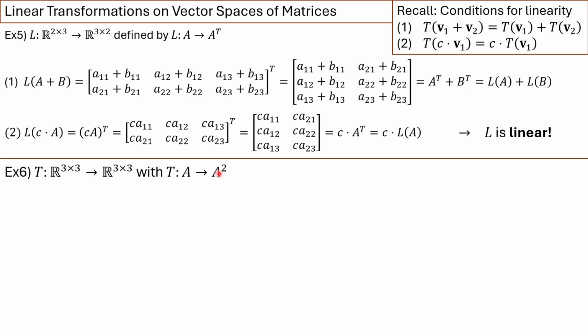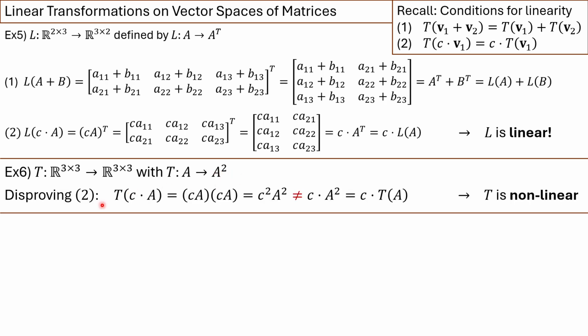Second, what happens if we square a matrix? Well, this one actually fails immediately. If you scale a matrix by c and then square it, you get c squared times A squared, which is not c times A squared for any c but 1 and 0. You could try even with c equals 4. Definitely not going to match because 4 squared is 16. And so squaring a matrix is a nonlinear transformation.